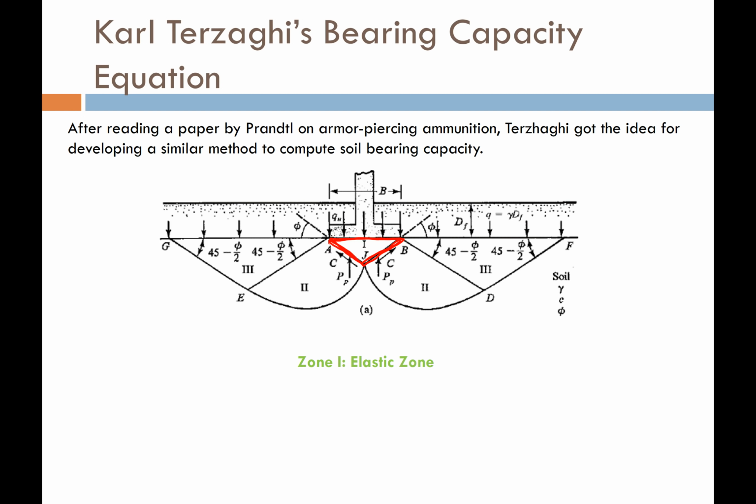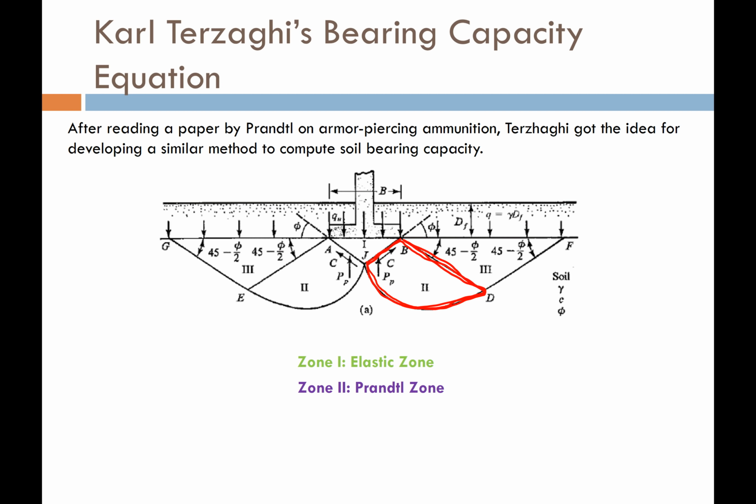The next zone is what Terzaghi called the Prandtl zone. He called it the Prandtl zone in honor of the researcher Prandtl, whose theory he used to develop this methodology, which I think is really cool. I mean, he could have called it the Terzaghi zone if he wanted to, but Terzaghi wasn't like that. He wanted to give credit where credit was due.